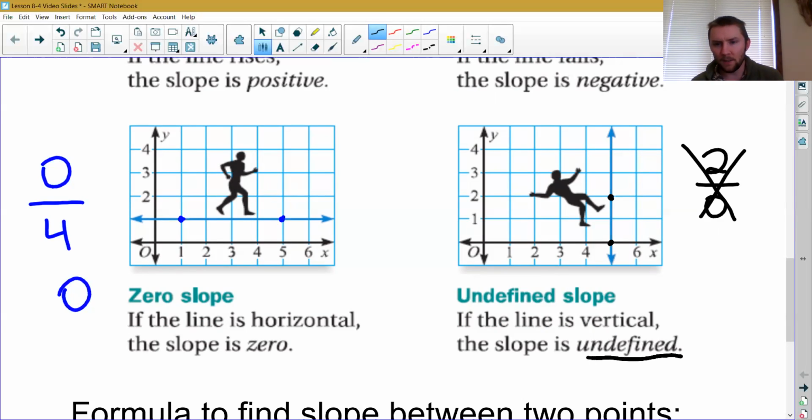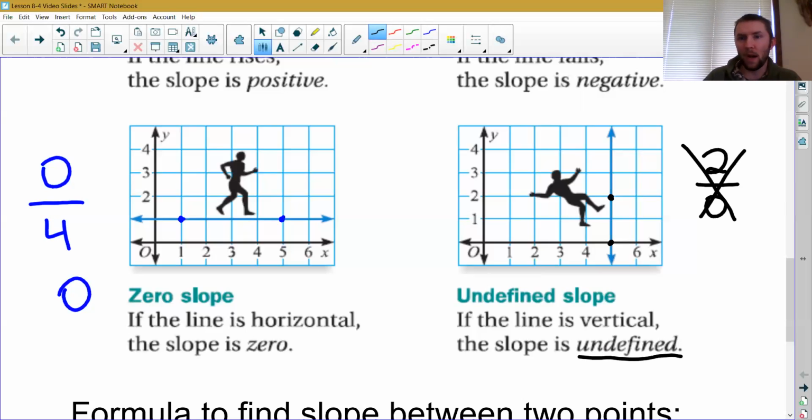An undefined slope is basically changing vertically but never going anywhere horizontally. It's basically as steep as a line could possibly get, like rock climbing. The slope is undefined because we can't come up with a number value for something divided by 0.